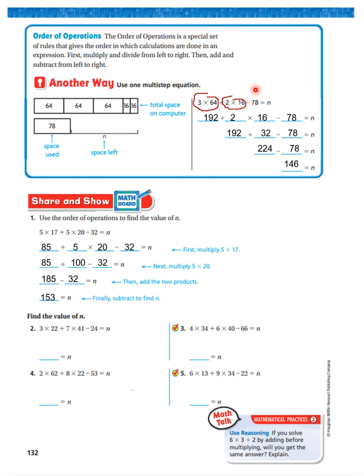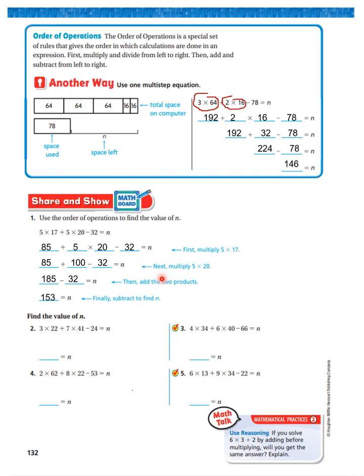All right, so let's look at this one. It says use the order of operation to find the value of n. 5 times 17 plus 5 times 20 minus 32 equals n. It says first, multiply 5 times 17. That's 85. Okay, 85 plus 5 times 20 minus 32 equals n.